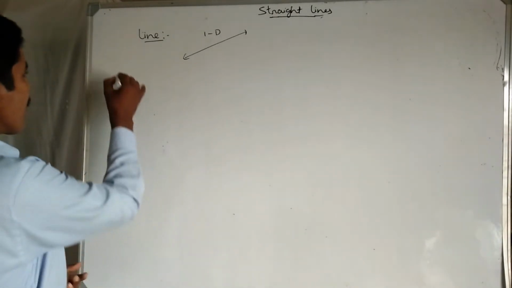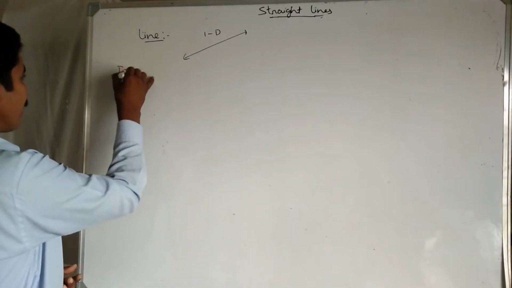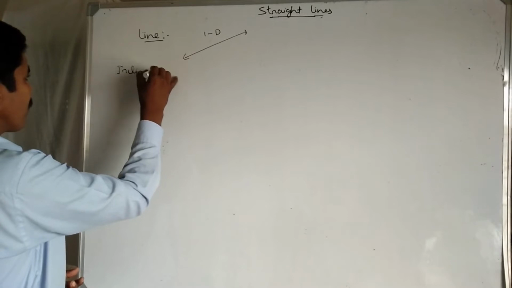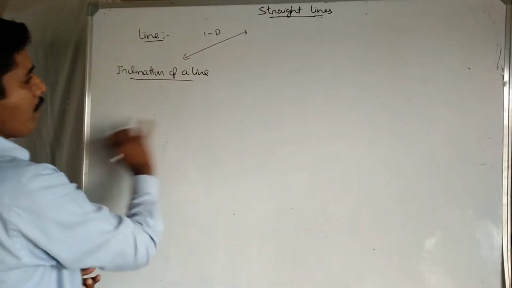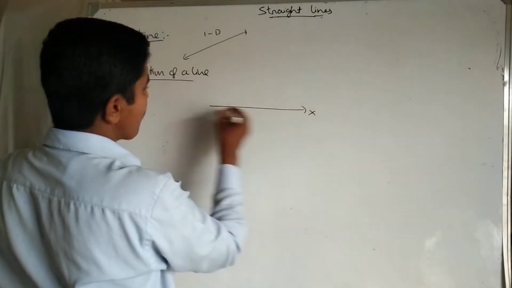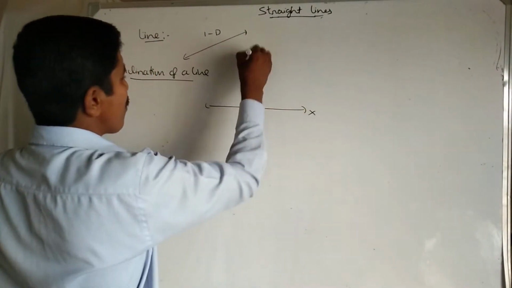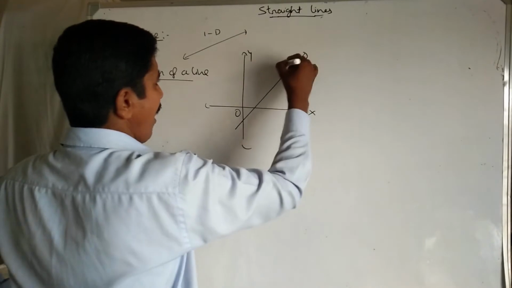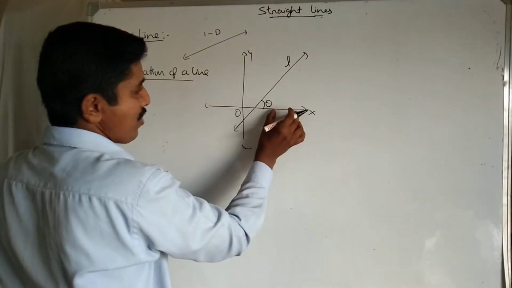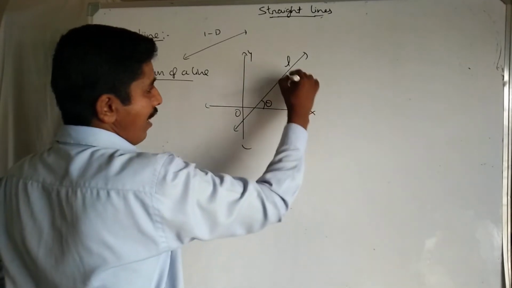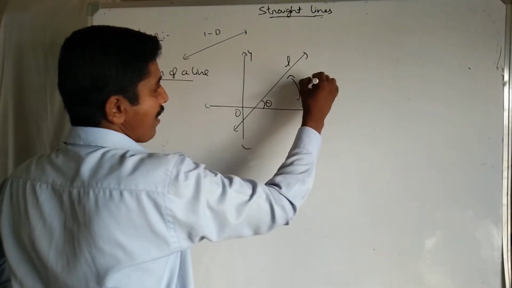Next, inclination of a line. Inclination means an angle, what type of angle? A positive angle. X-axis, y-axis, O is origin. This is a line L. Here theta is the angle measured along the positive direction of x-axis, that means along the anti-clockwise direction.